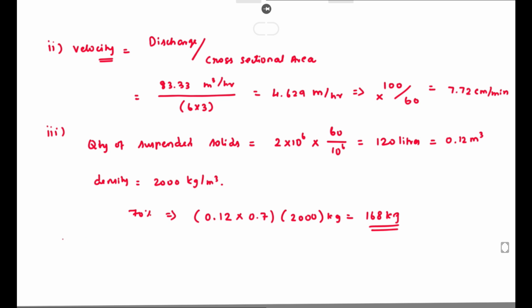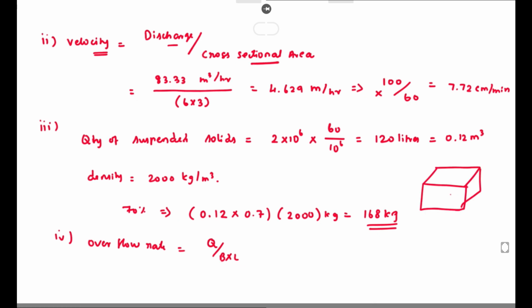Next, the fourth question, the overflow rate. The overflow rate is discharge per plan area, that is Q divided by B into L. Velocity we find from discharge by cross sectional area, but the overflow rate we find from B into L. Take the tank: this is the width, this is the length, and this is the depth.